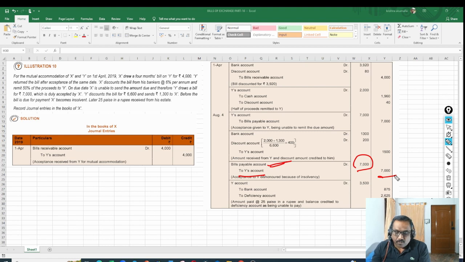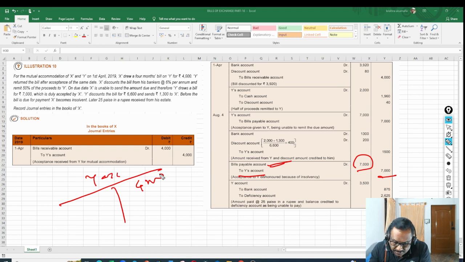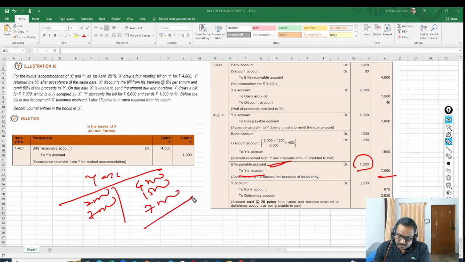Clear? Now, if you prepare the Y account and post all these transactions: Y account is credited with 4,000. Here Y account is debited with 2,000. And here Y account is debited with 7,000. And then here Y account is credited with 1,500. And here Y account is credited with 7,000. 12,500 minus 9,000.